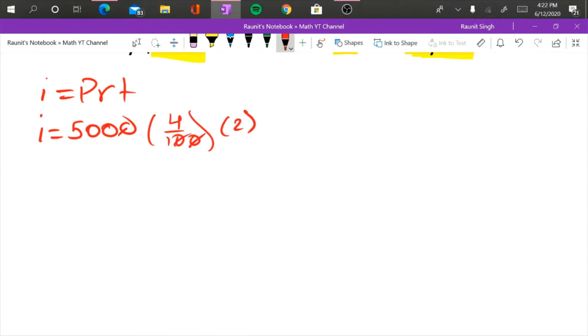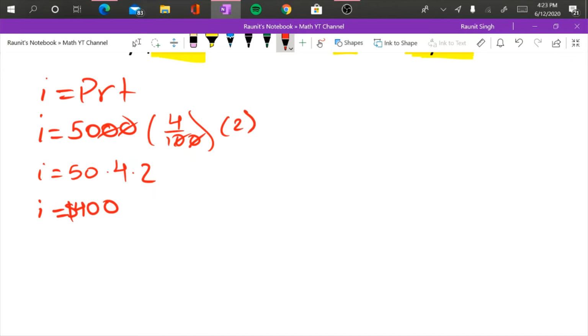Cancel out the zeros with the 5,000 and the 100 as the denominator. Then we do I equals 50 times 4 times 2. So I is equal to $400.